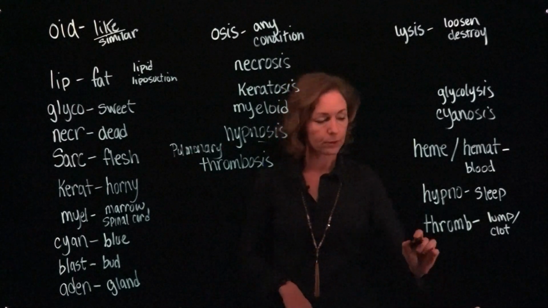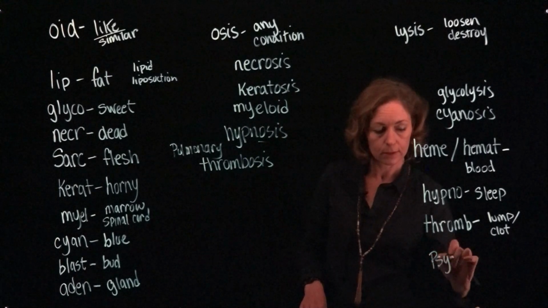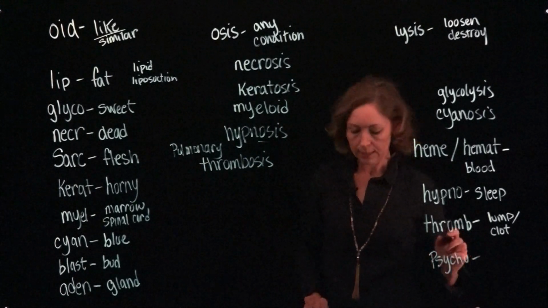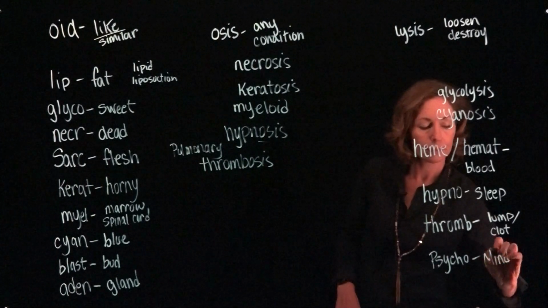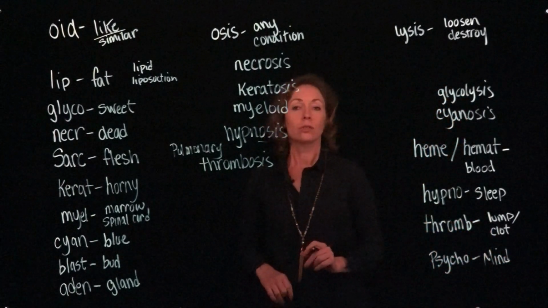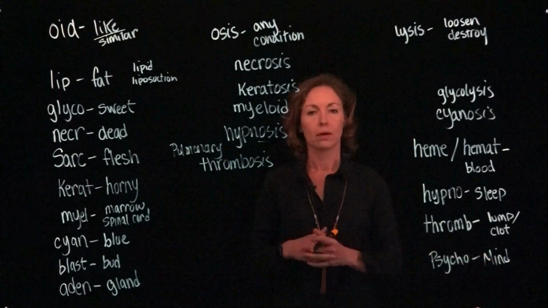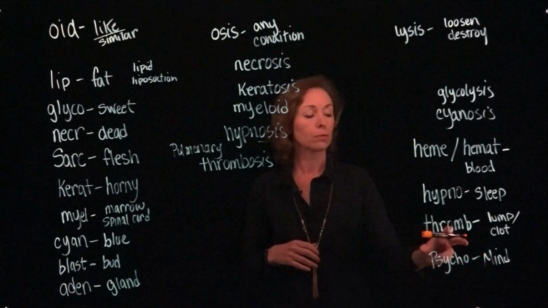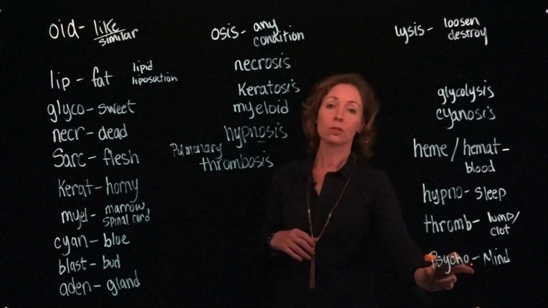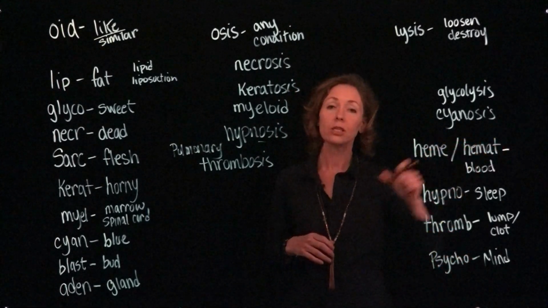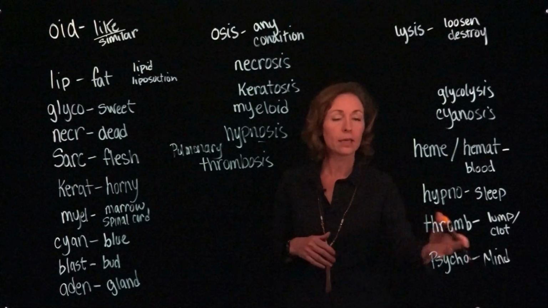Our last word for today is psycho. Psycho just means mind. So you hear, people are psychotic. We don't use it exactly as its root goes, but think about psychology. So if you put psych with your ology from your last lesson, you have psychology, the study of the mind.